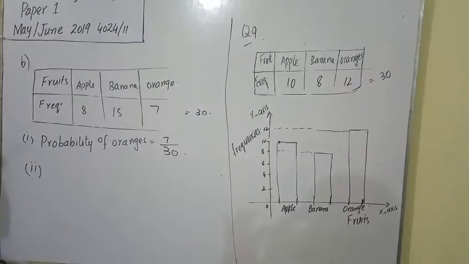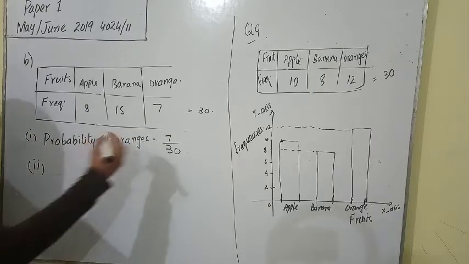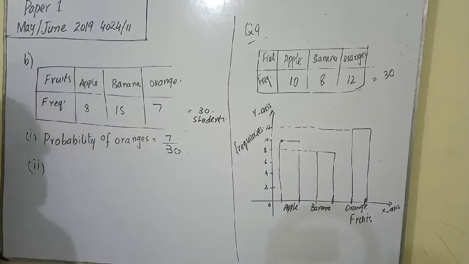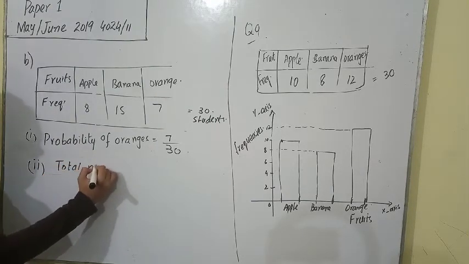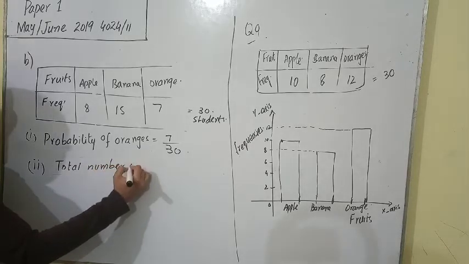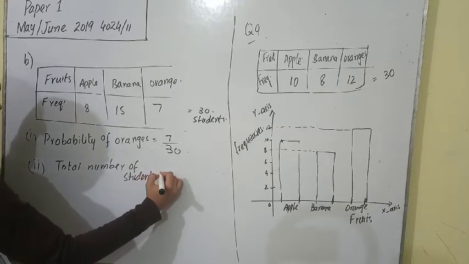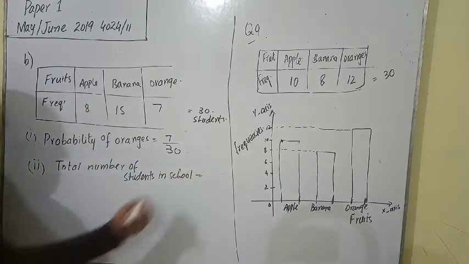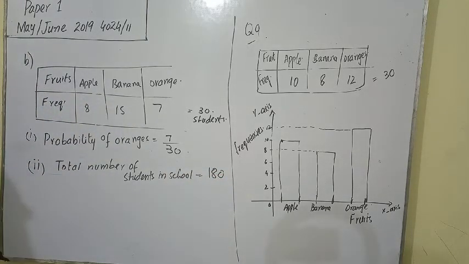But the given table is according to 30 students, while the total number of students in school is 180. So according to probability we will find out according to 30 students.